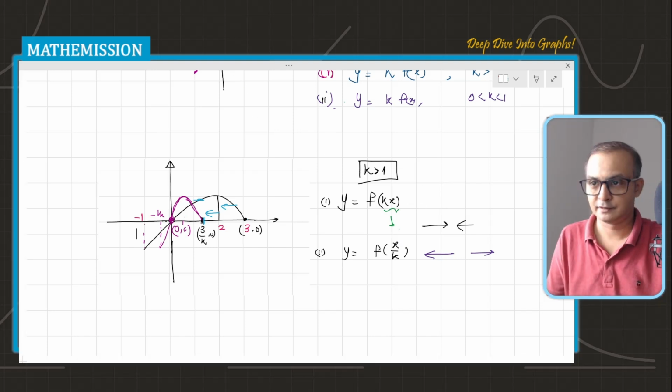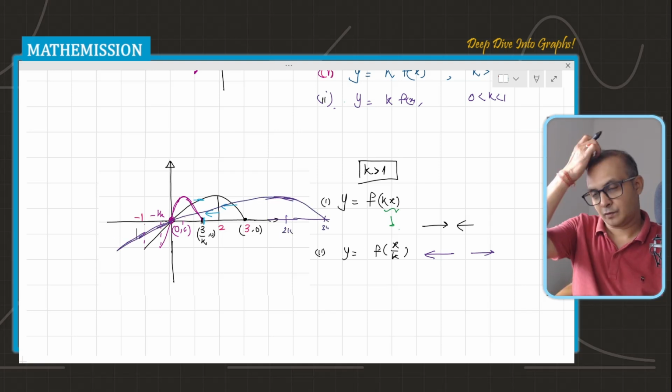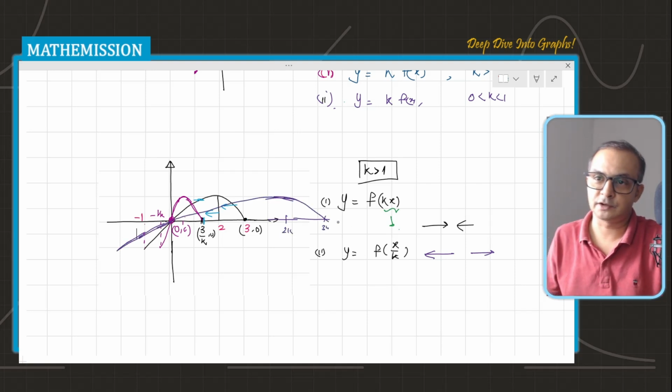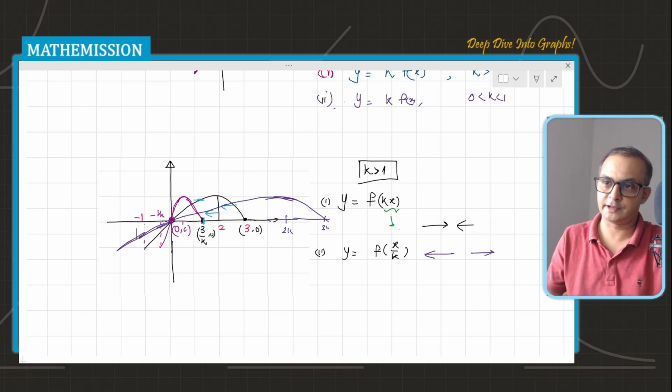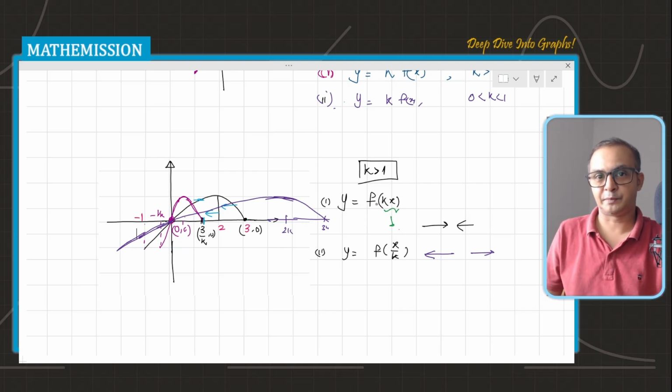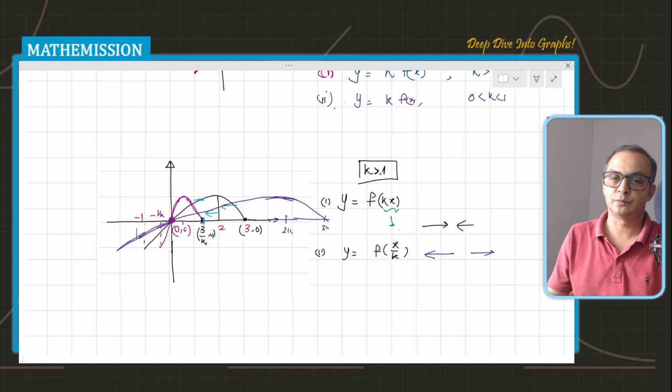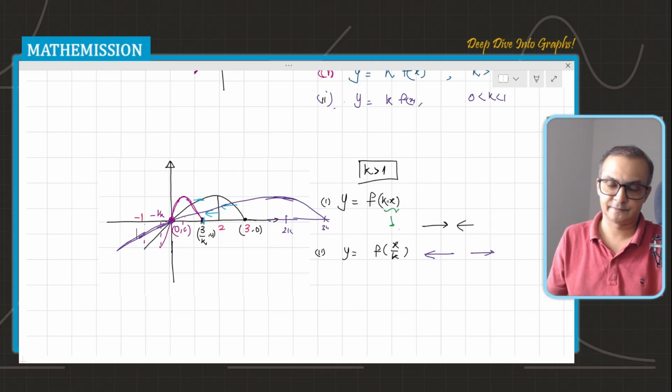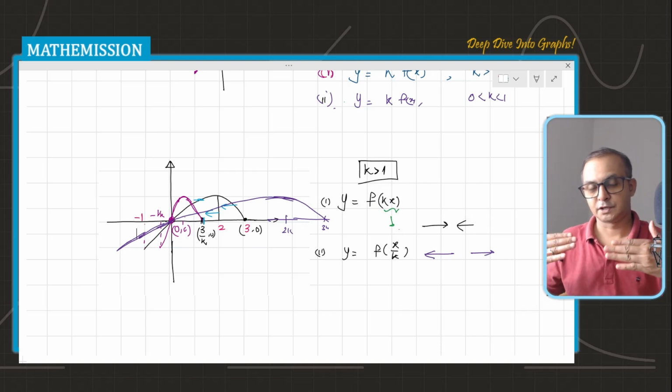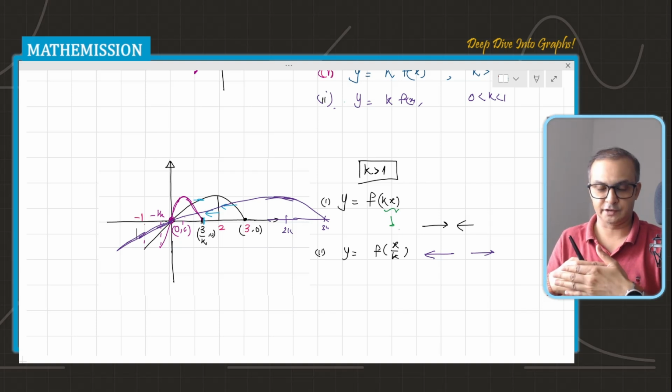So you notice now, what is the key takeaway? Whenever we are multiplying x by a number which is more than 1, there is a horizontal shrink.